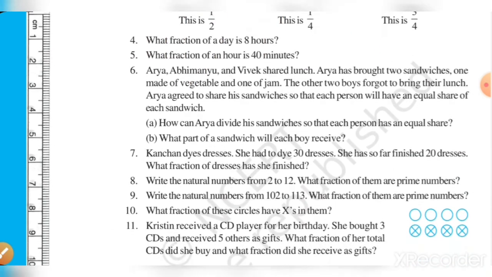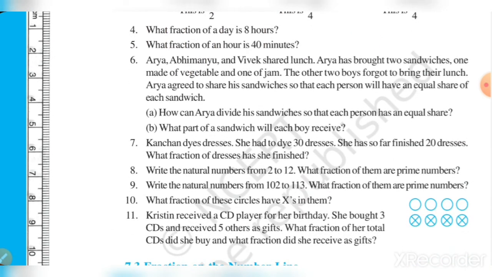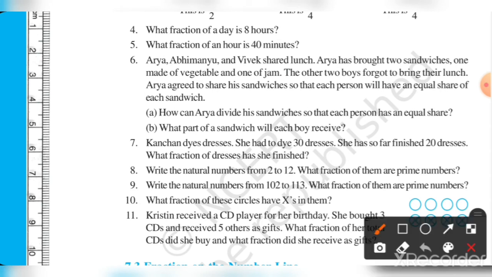Question 7. Kanchan dyes dresses and she had to dye 30 dresses. She has so far finished 20 dresses. What fraction of dresses has she finished? Total, how many dresses does she have to dye? 30.